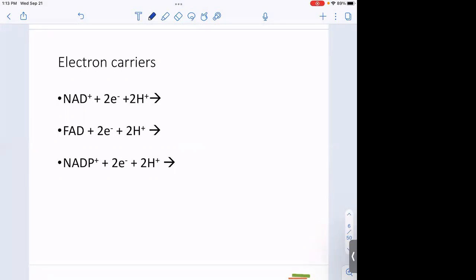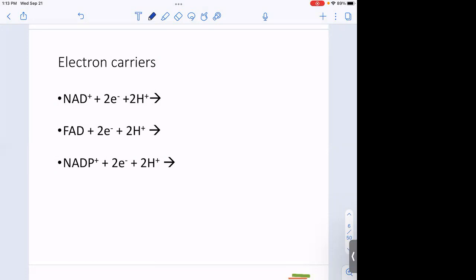Electron carriers: we find 3 different electron carriers in cells. These are important because we can't just let electrons go wherever they want in the cell, because they cause damage. They have to be chaperoned from place to place. You could think about nicotinamide adenine dinucleotide, NAD, as an electron chaperone, for instance.